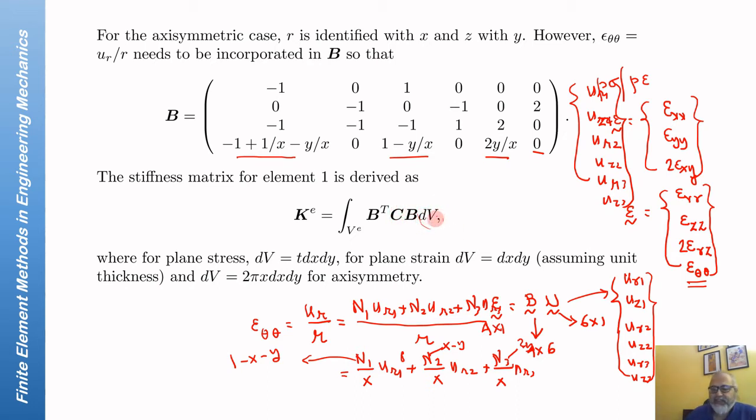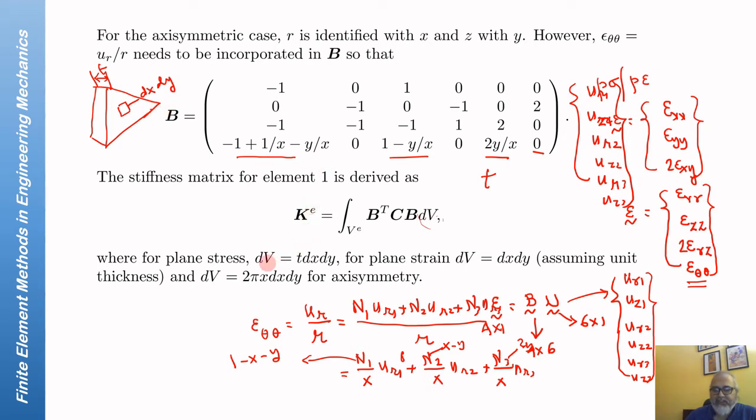So in case of plane stress, you might be supplied with the thickness of this element. So your triangular element may actually have a small thickness which is T, and therefore a small element which has area dx dy has volume T times dx dy.